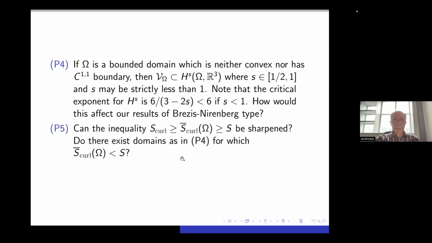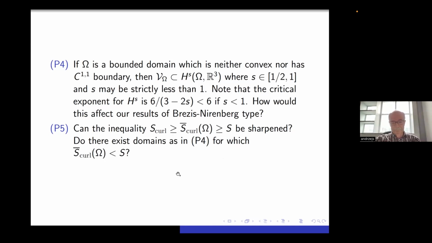And finally, we have this inequality. Here we know that S curl is bigger than S, but we don't know for S curl omega. So can one somehow get something better?